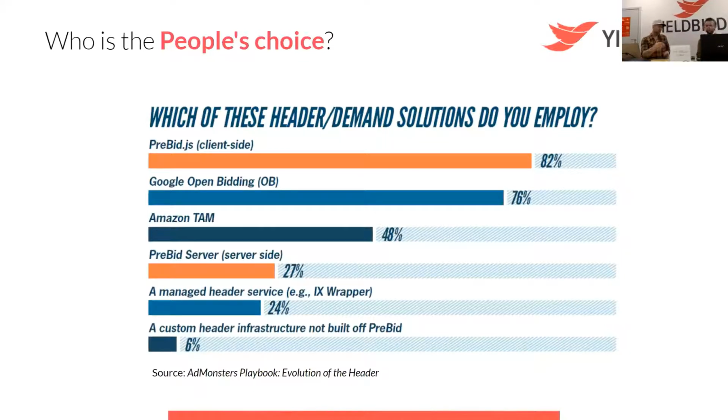Yesterday I checked, because I was curious how many bidders are in Prebid, and it's almost 400 right now. Every week a couple more new ones. And Open Bidding has around 20.